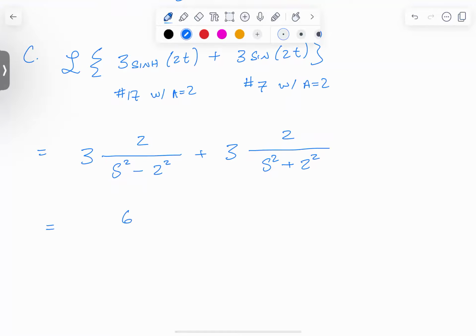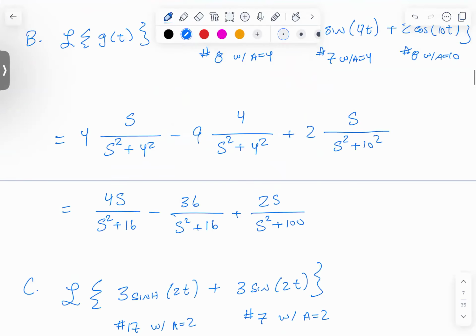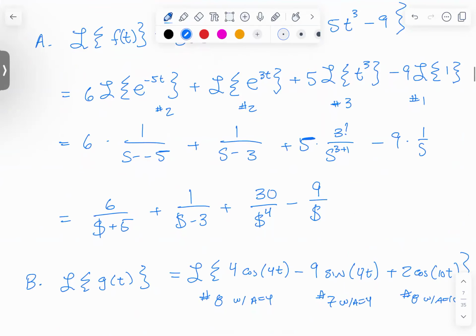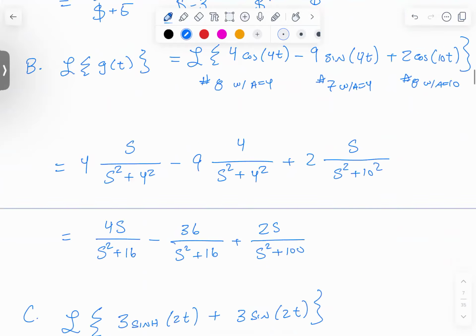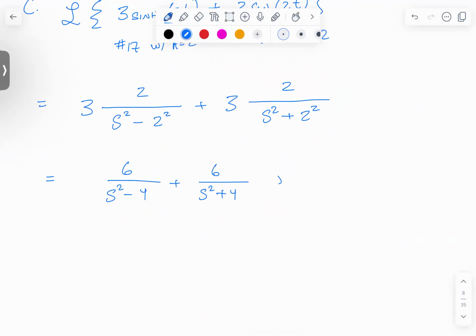And then simplifying down, 6 all over s squared minus 4 plus 6 all over s squared plus 4. Oh yeah, I was getting too ahead of myself. And then, all right, we want to make sure we are identifying our restrictions.